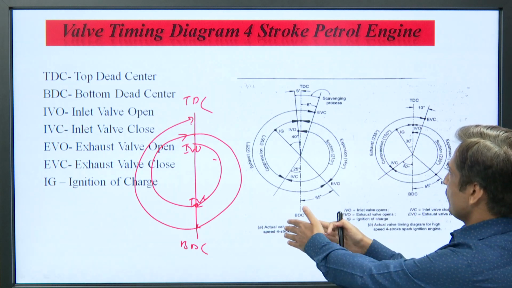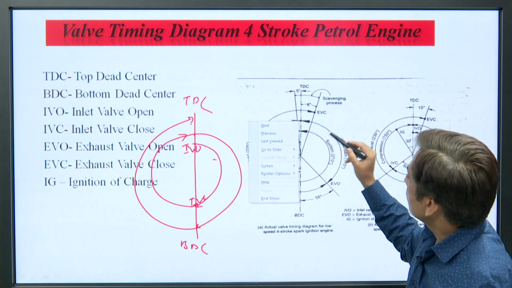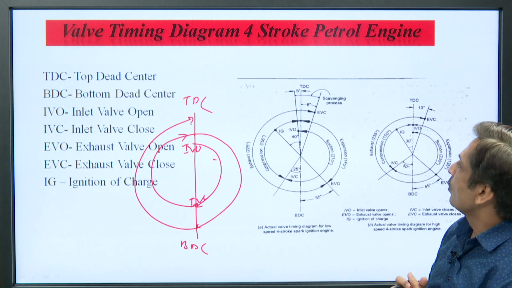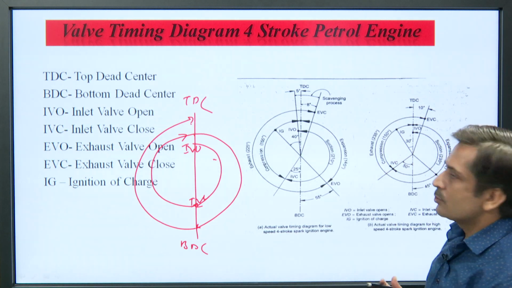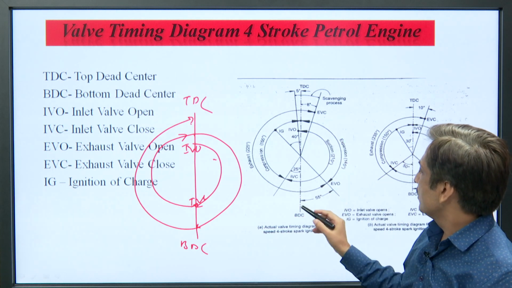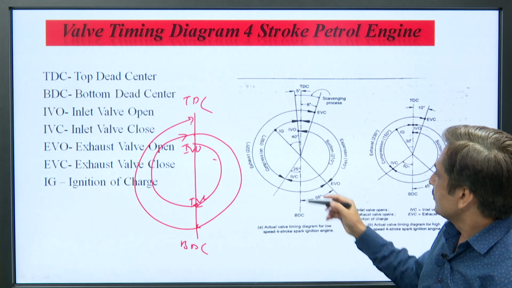It depends on the speed of the engine. So, the inlet valve opening is at this point, somewhat degrees before the top dead center, depending on the speed of the engine, and it closes after bottom dead center, by some degrees depending on the high speed of the engine.